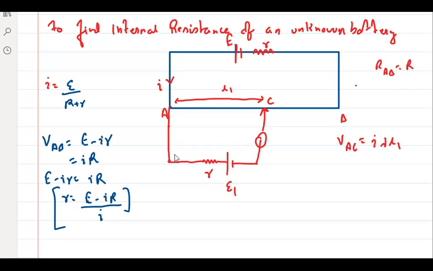Potential between these two terminals. Tell me, everyone.